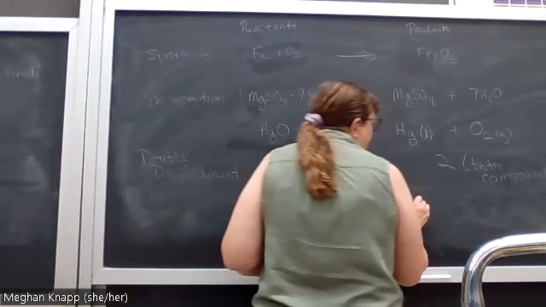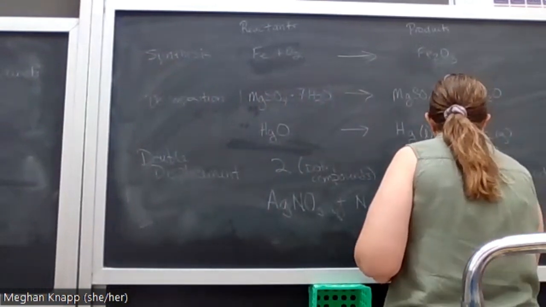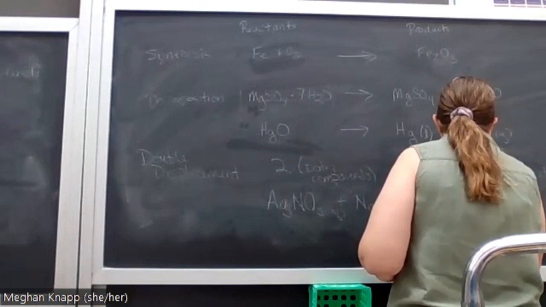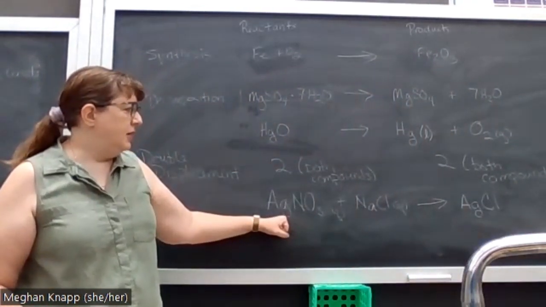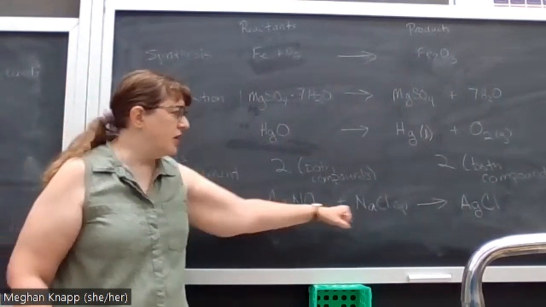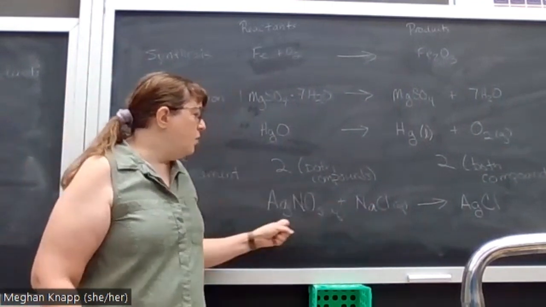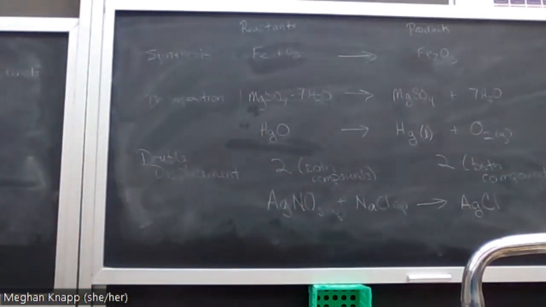So when they react, they're going to form AgCl. Silver is positive, and it's going to switch the negative thing that it's attached to from the nitrate to the chloride. Now, why won't the silver get together with the sodium? They're both positive.